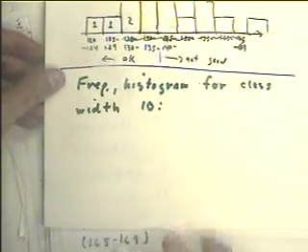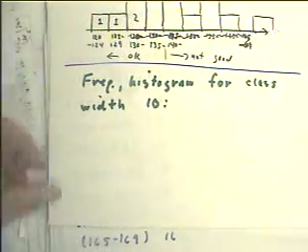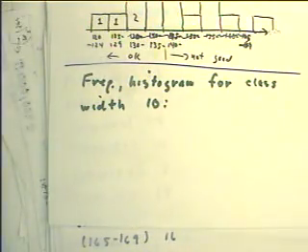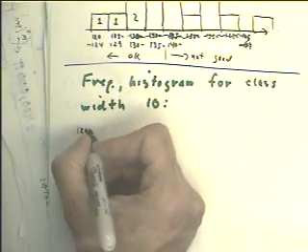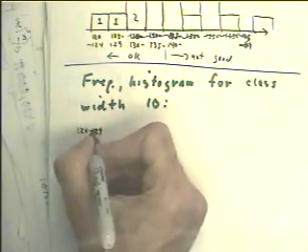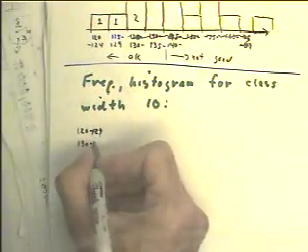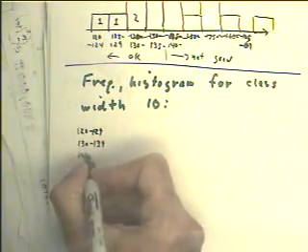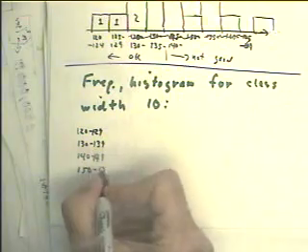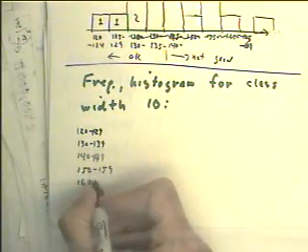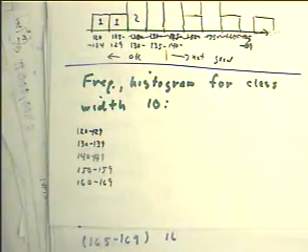Now if we use class widths of 10, what would the frequency distribution and the histogram look like? Well, the distribution, we'd have 120 to 129, 130 to 139, 140 to 149, 150 to 159, and 160 to 169.